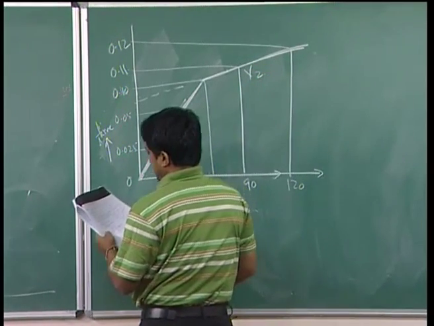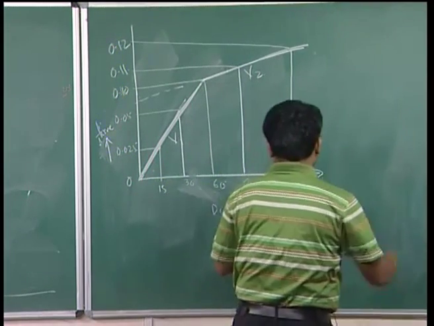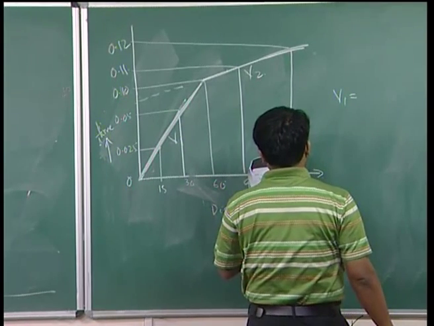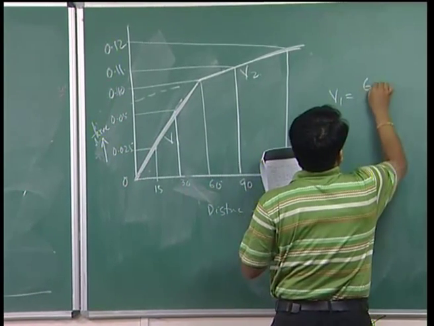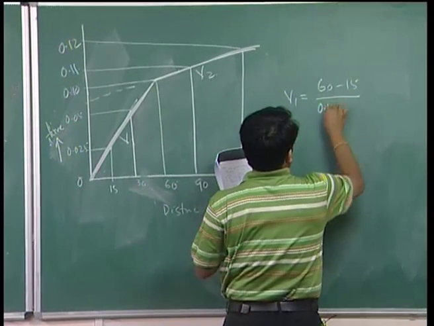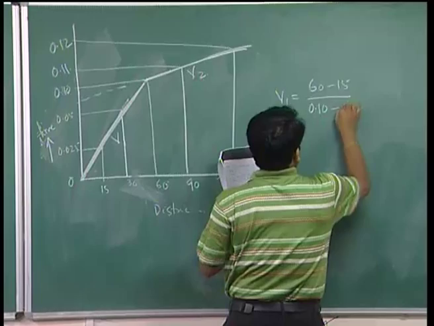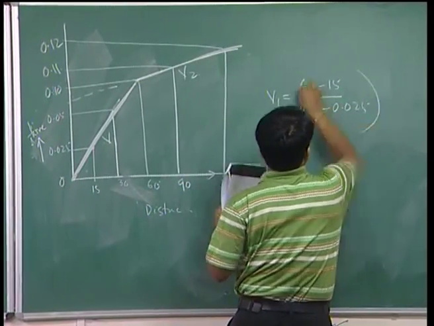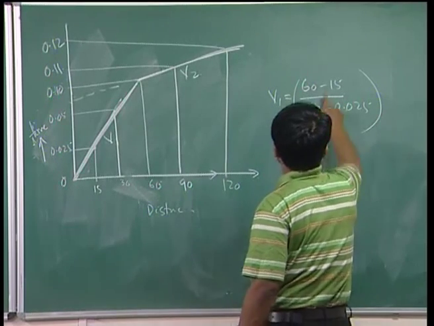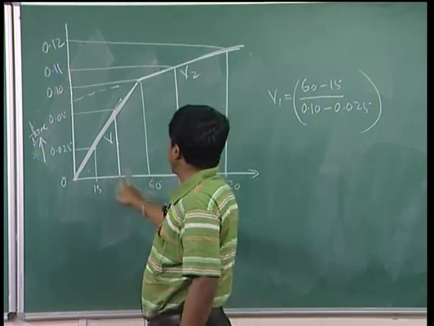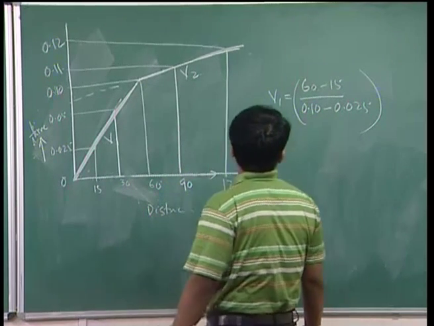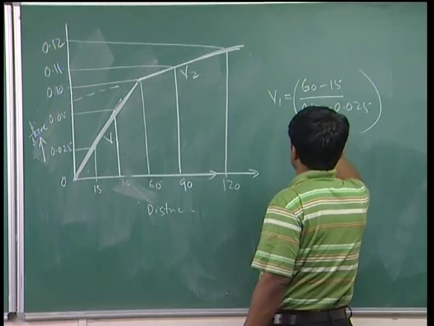Now, we can calculate from this formula. V1 is equal to 60 minus 15 divided by 0.10 minus 0.025. Velocity is equal to distance by time. So, distance 60 minus 15 is 45, divided by 0.1 minus 0.025.